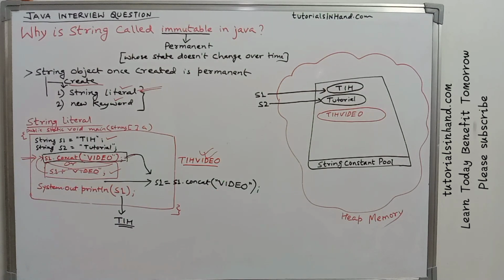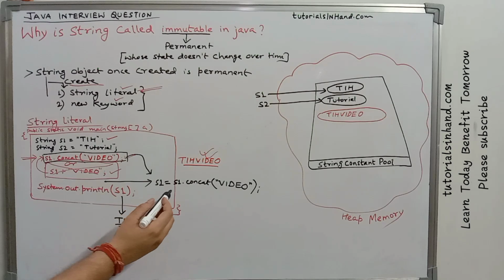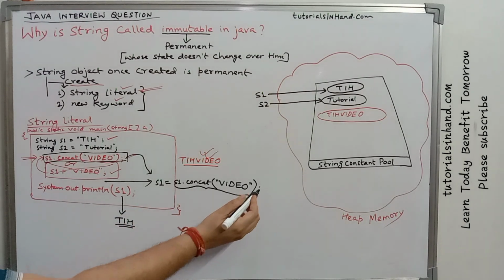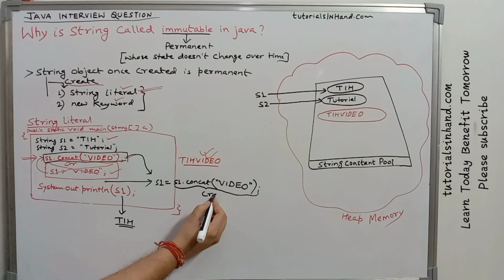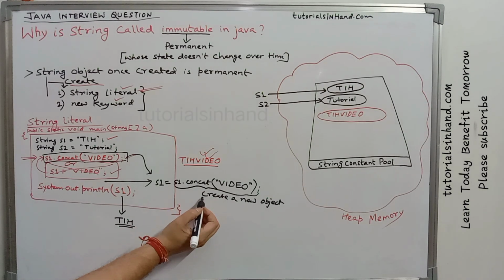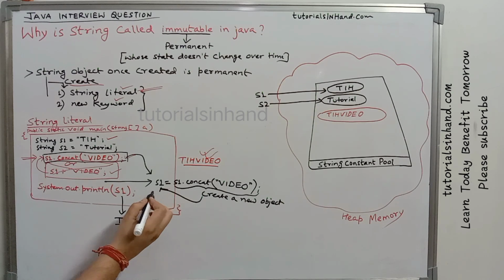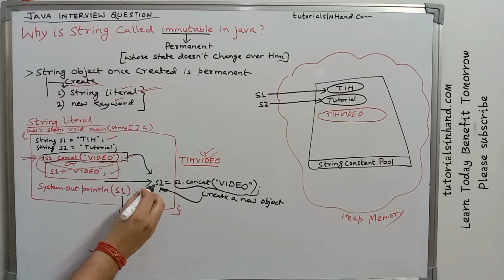Now you are saying that I am performing this concat operation, which will create a new object, and this newly created object will be referenced by this s1 string variable.